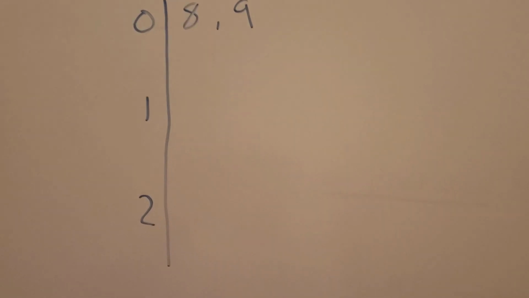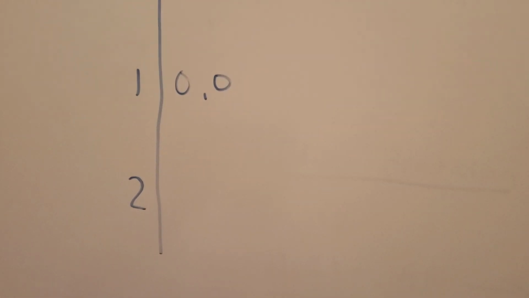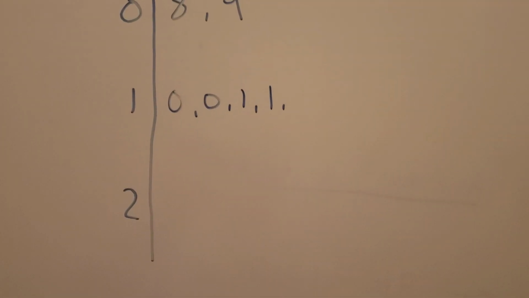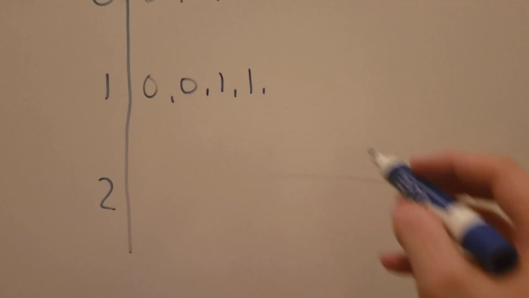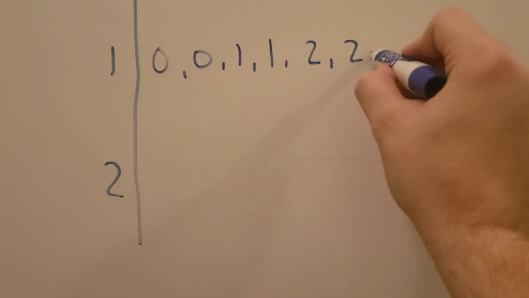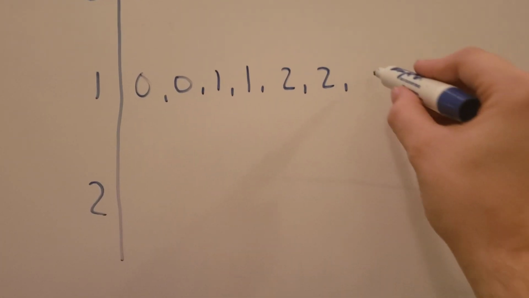So let's see here. I've got 2 10s. I've got 2 11s. Okay, I've got 1, 2, 3, was it 3 12s? 2 12s. I've got 1 13.